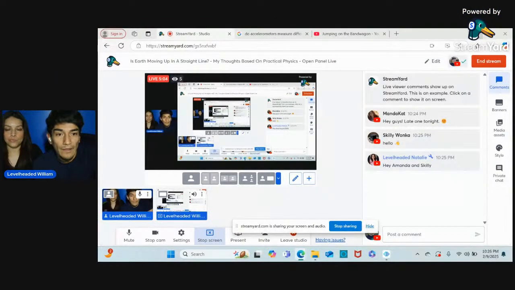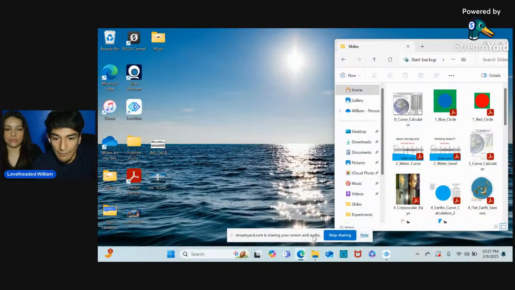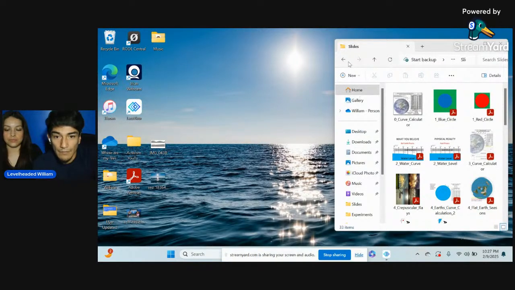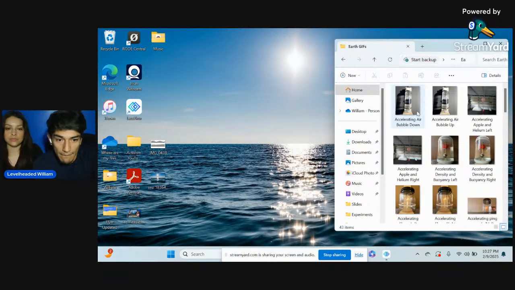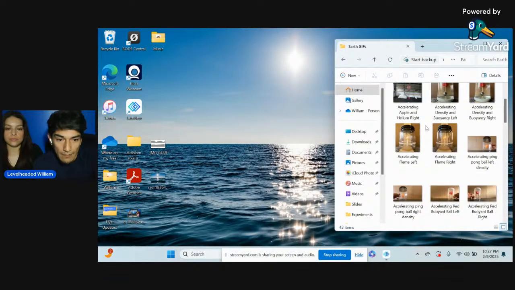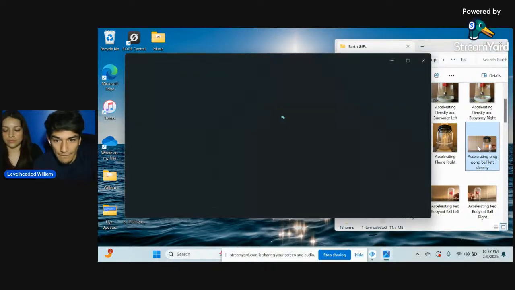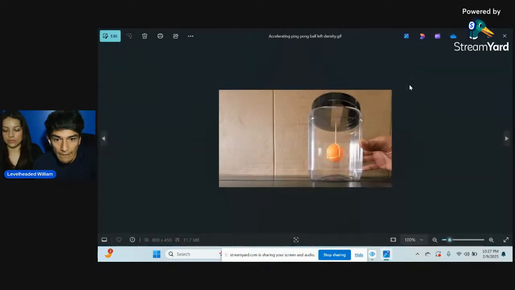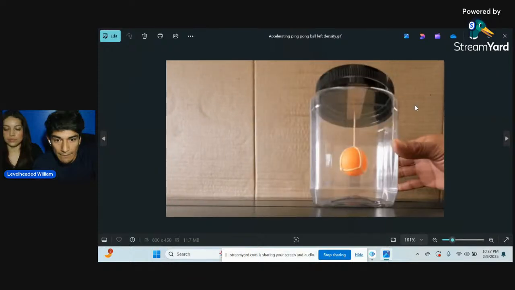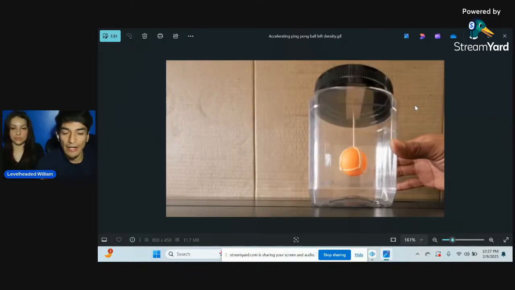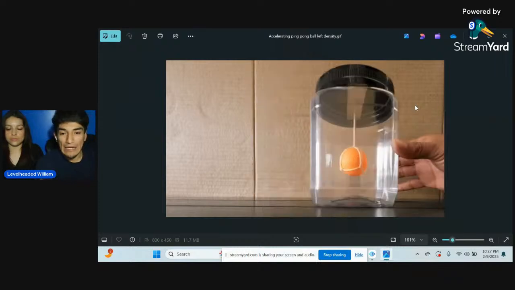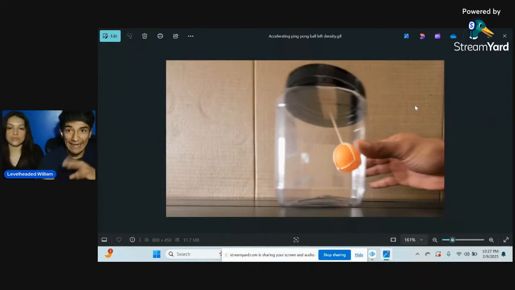So again, when I apply a force to the left in this scenario here, you can see that the ping pong ball is more dense than the air that surrounds it.